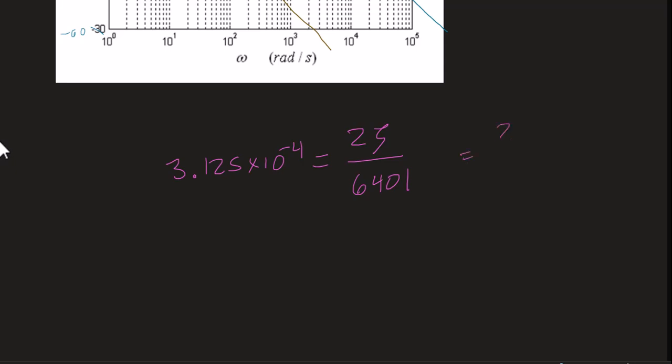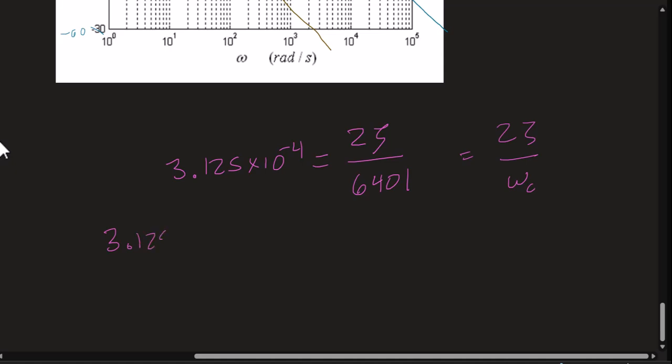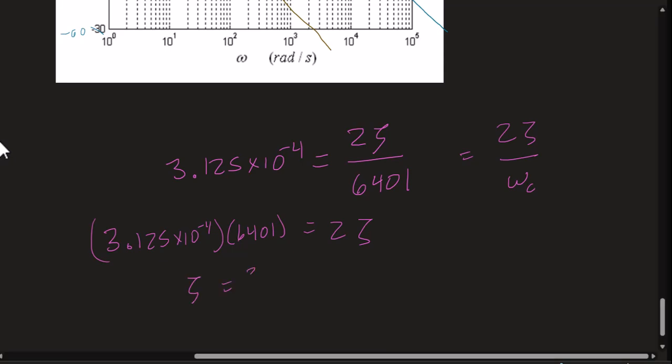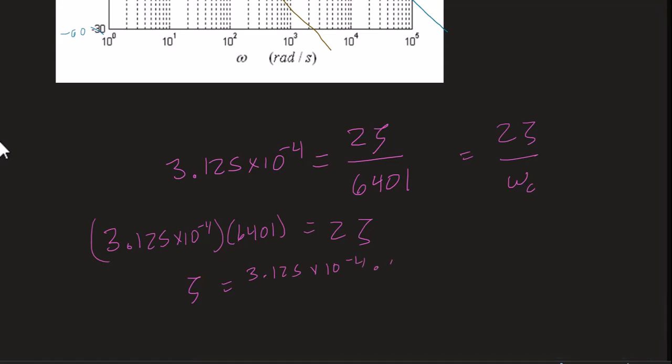So 3.125 times 10 to the negative 4 times 6401 equals 2 zeta, or zeta equals 3.125 times 10 to the negative 4 times 6401 over 2, and somebody's going to have to do that.